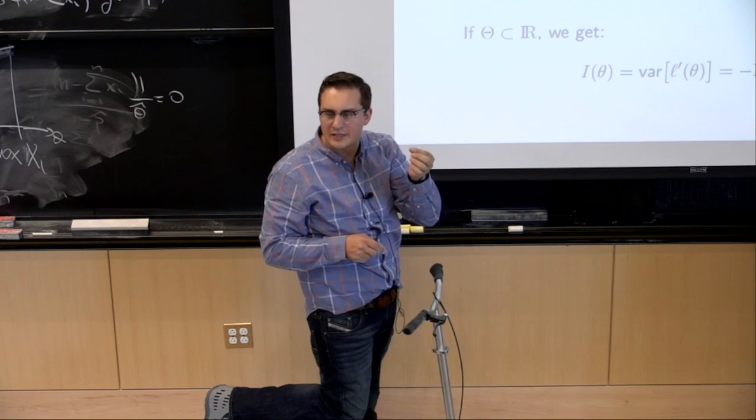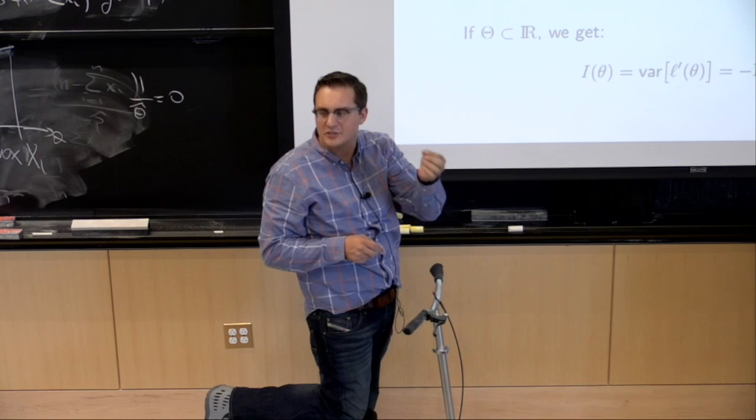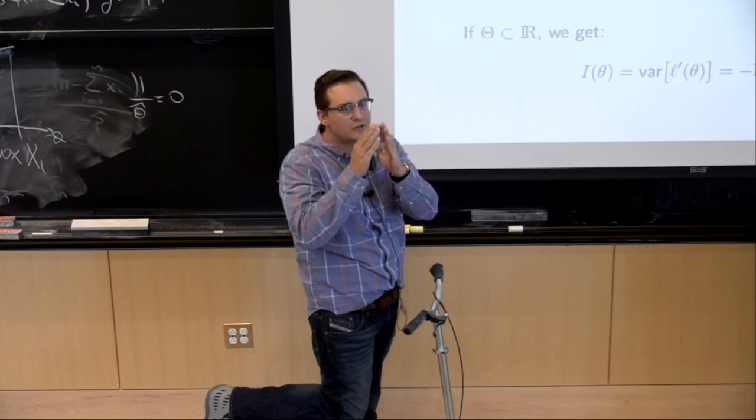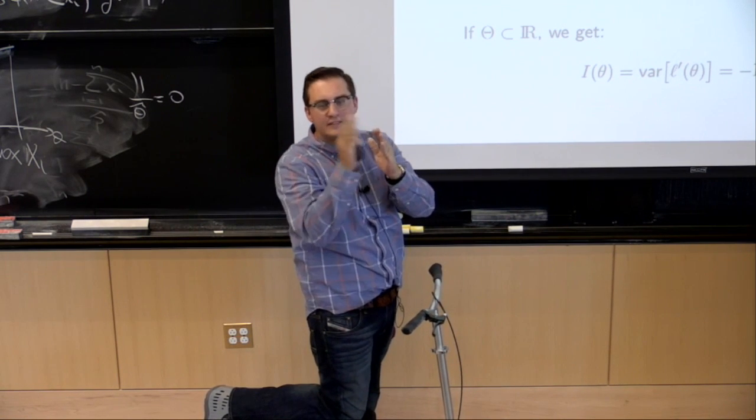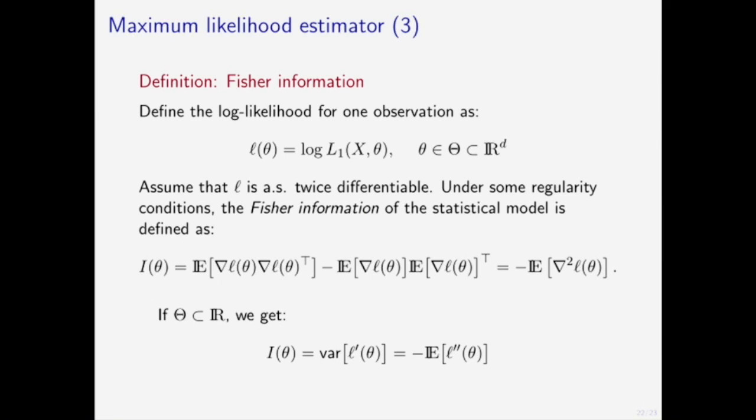Remember our estimation strategy, which consisted in replacing expectation by averages? If I'm extremely curvy, I can move a little bit and the maximum is not going to move much. And this formula here, so forget about the matrix version for a second, is telling me exactly this. It's telling me the curvature is basically the variance of the first derivative.